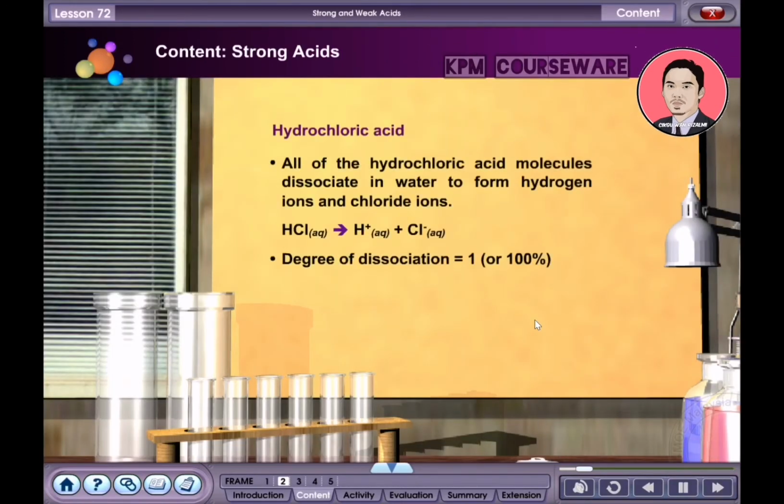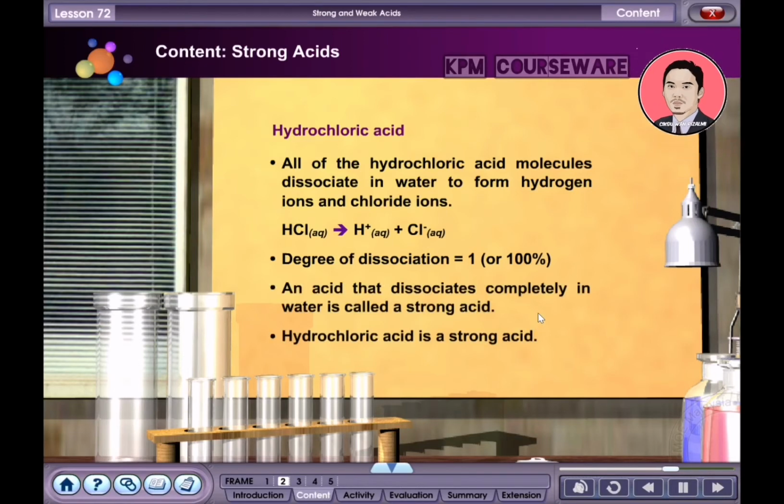This is because all the hydrochloric acid molecules dissociate in water to form hydrogen ions and chloride ions. An acid that dissociates completely in water is called a strong acid. Therefore, hydrochloric acid is a strong acid.